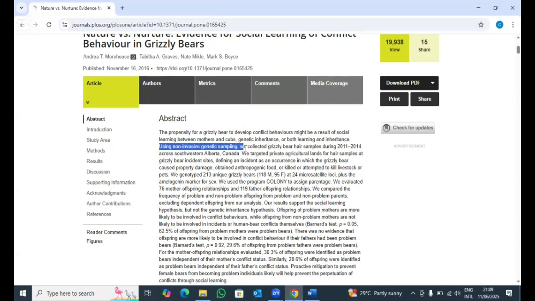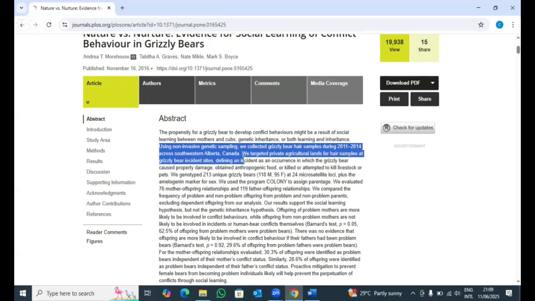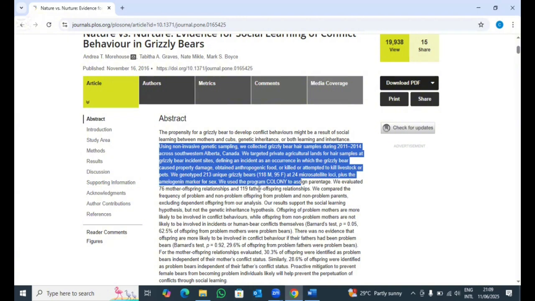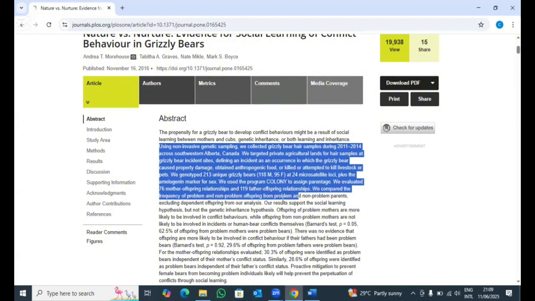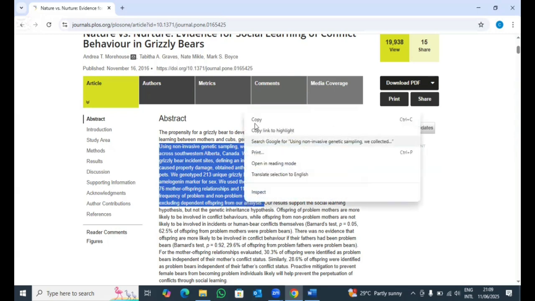We collected grizzly bear hair samples during 2011-2014 across southwestern Alberta, Canada. We targeted private agricultural lands for hair samples at grizzly bear incident sites, and so on, explanation. They even said we evaluated 96 mother-offspring pairs. We compared the frequency of the problem, and so on. All of these things are an explanation of their methods.